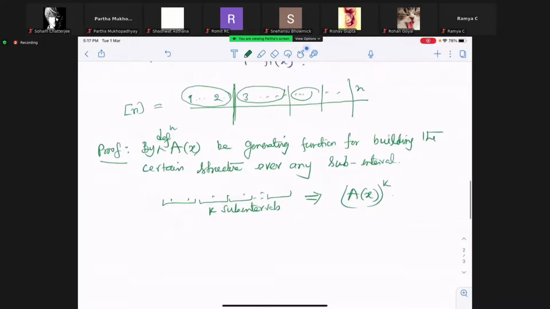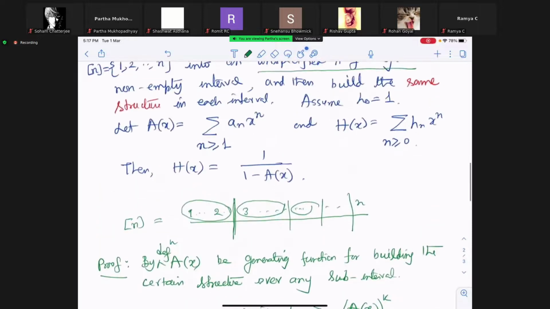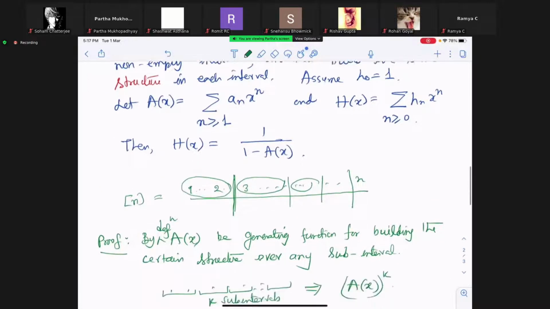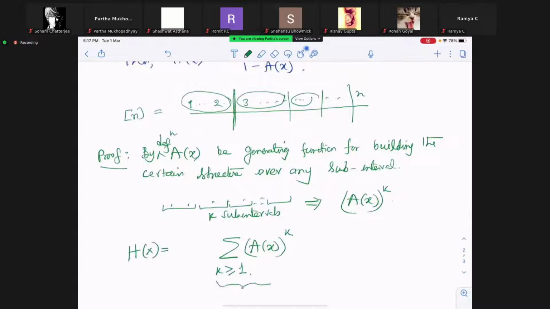So what is the total generating function? That k could be anything, right? I have not specified the subinterval count. So H(x) should be equal to the summation of A(x) power k. Now notice that this A(x) has no constant term, so it starts from x. In particular, this expression does not have any constant term.